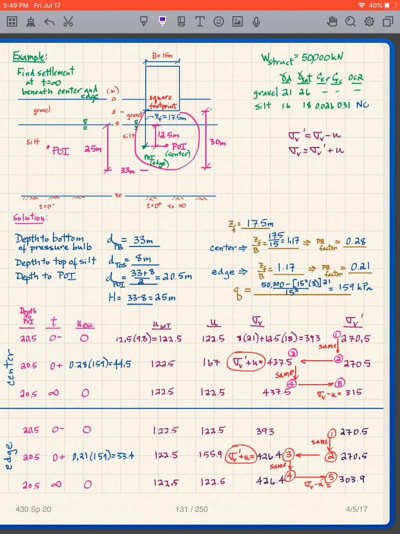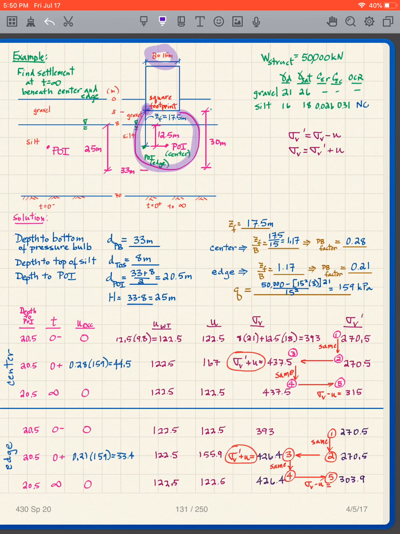Let's start with the pressure bulb. So the width is 15 meters. So I'm going to draw my pressure bulb here, and that is then 2 times 15 meters. It's 30 meters. Now notice the pressure bulb goes not from the ground surface, but the base of the basement of the structure.